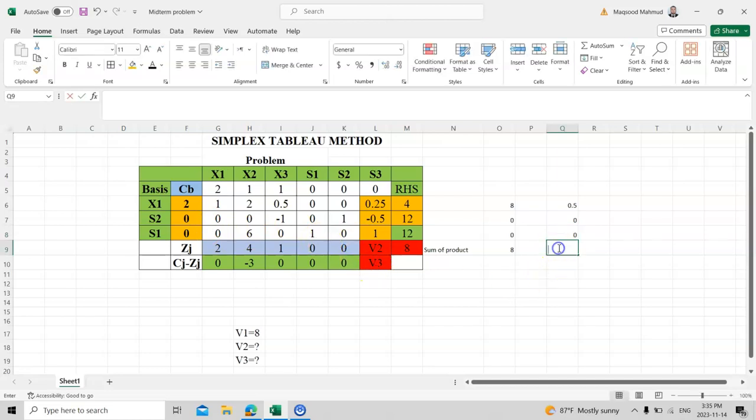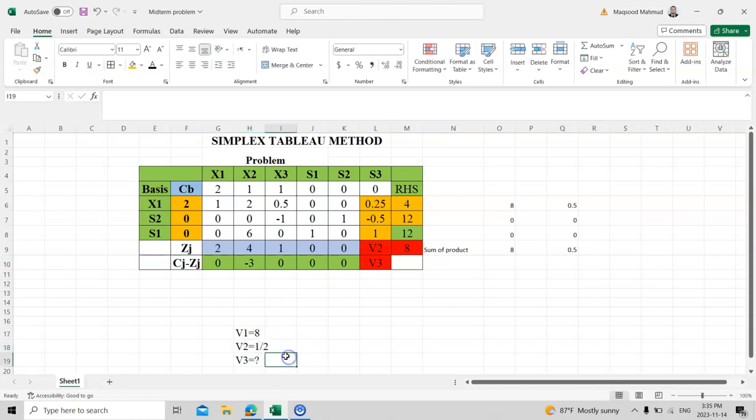These are the products, so I need to make the sum of the products: this plus this plus this. The sum of the products is 0.5, and 0.5 is 1 by 2.